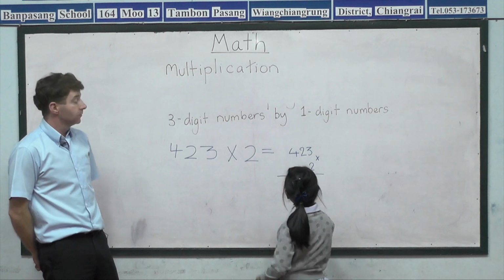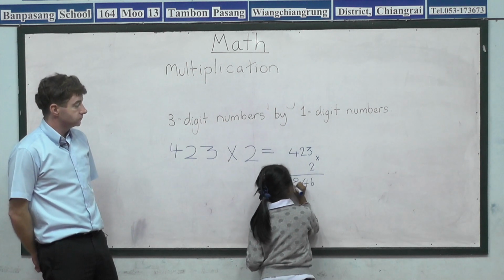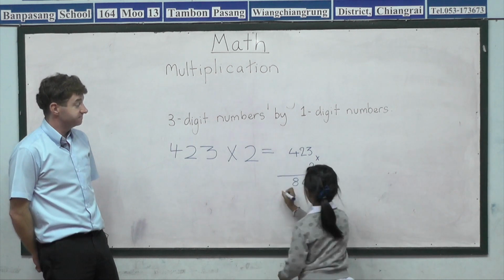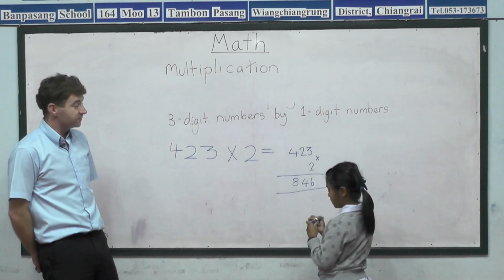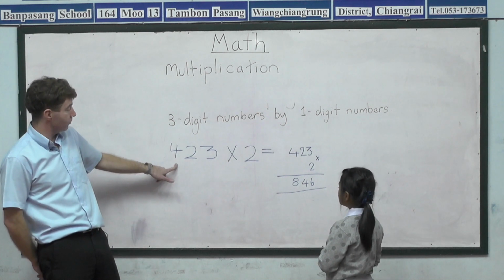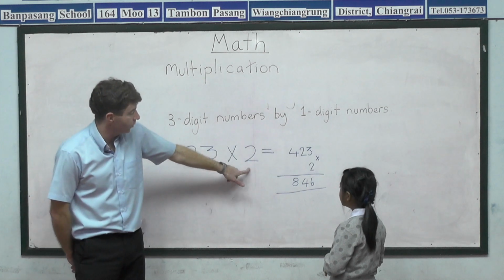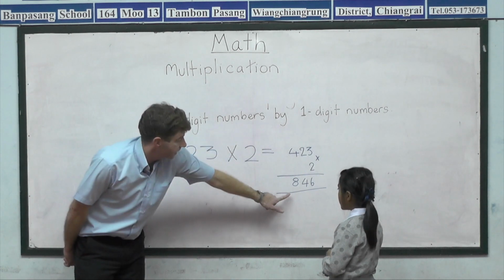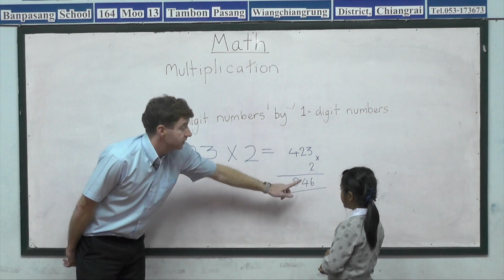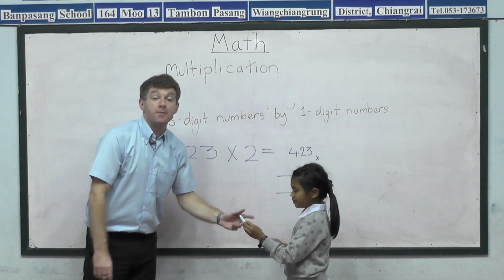And 4 times 2 equals 8. Excellent. Pak Bum, what's our answer? 423 times 2 equals 846. Perfect. High five. Round of applause for Pak Bum.